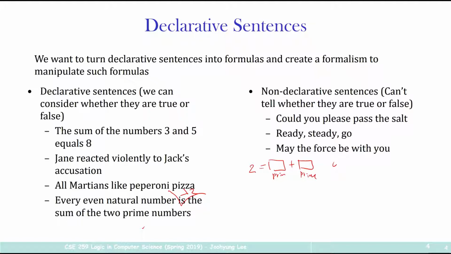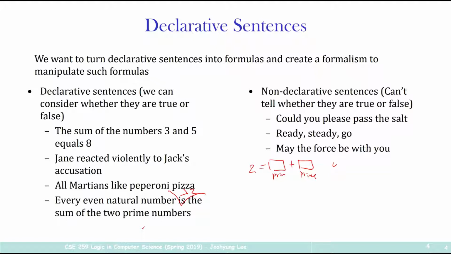So now the if condition doesn't hold for this example. The if condition is saying if you have an even number that is greater than 2, then that can be the sum of 2 prime numbers, right? Do you see the difference when I switch this sentence to include this condition?